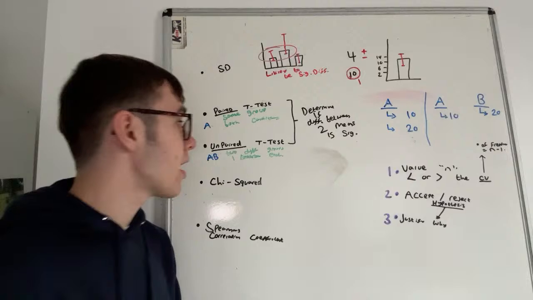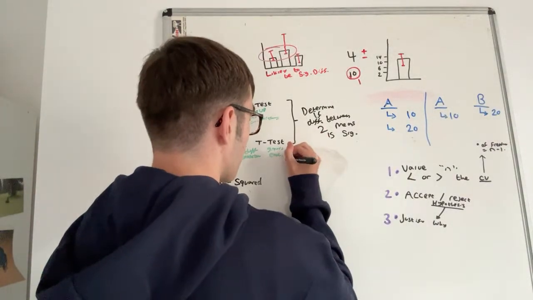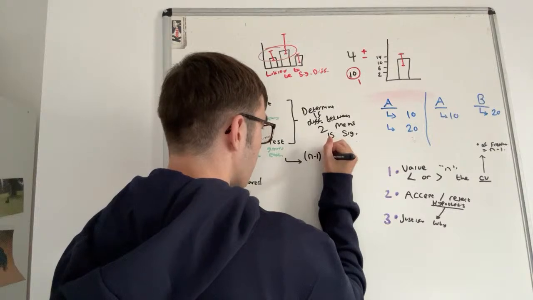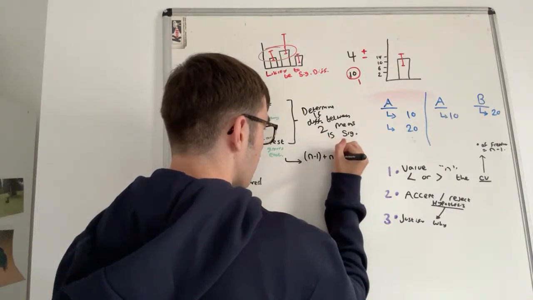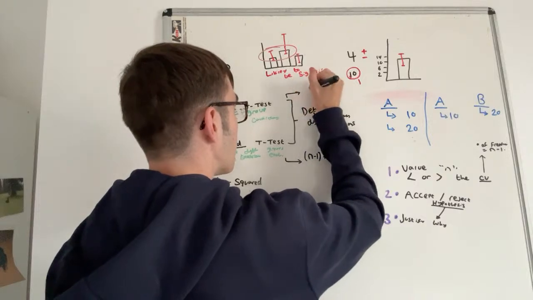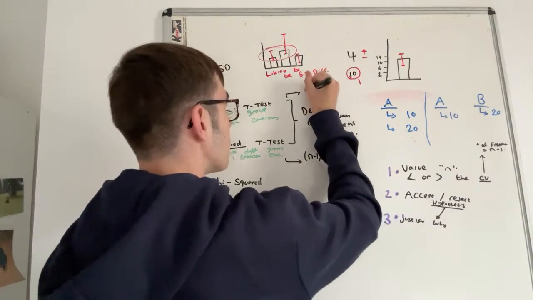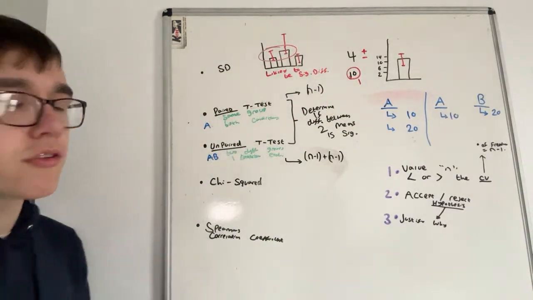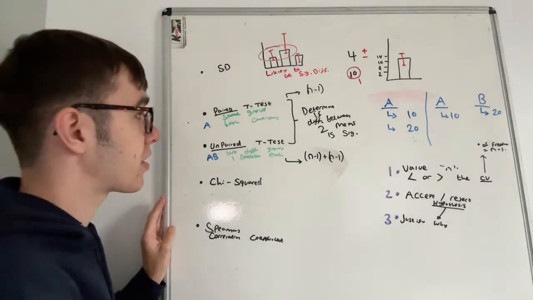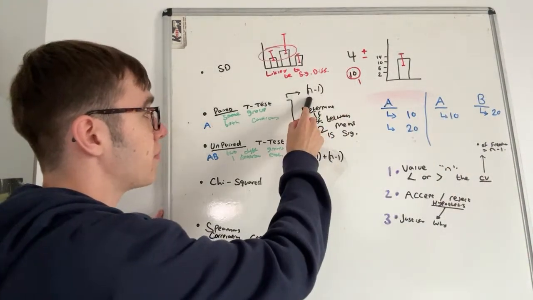Oh, and before I forget, one more thing. For determining degrees of freedom for unpaired, it is not just n minus 1.